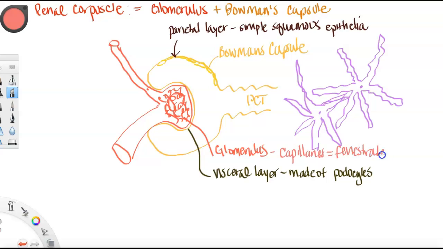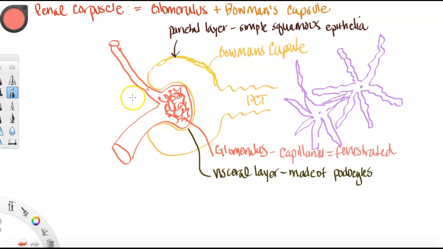So they're pretty holey. So these podocytes help support those fenestrated capillaries and make sure that basically everything gets filtered out except the things that are too big. So proteins and blood cells. So it makes sure those things don't hopefully get through.